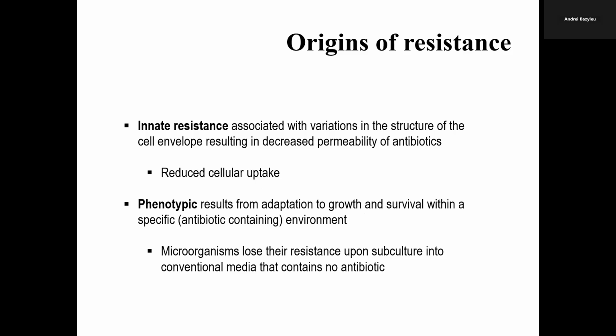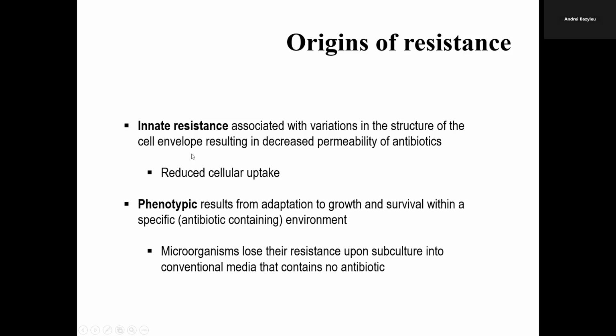So that's where all those plasmids, resistance conferred by plasmids, fall as phenotypic resistance. Insertion sequences as well as the transposons can also be a part of phenotypic resistance when those genes have been moved around as a result of growth in a specific environment. So what is the innate resistance? Let's wrap up with this one.